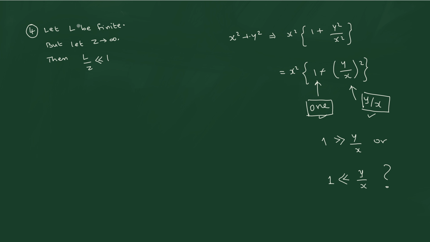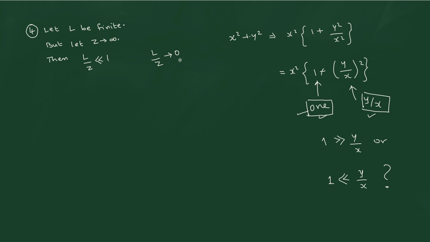So that is why when we are saying that L is a finite number and Z is very large, by infinity remember that it's very large. You take it as 1 lakh or 10 lakh or 1 crore. That doesn't matter. It is only a large number that you are going to take. In such a situation, L by Z is going to be much smaller than 1. We are not interested to say that L by Z is approaching 0. Approaching 0 is true, it's correct only. But in our equation, this particular 1 comes into picture here and therefore we need to compare with 1.